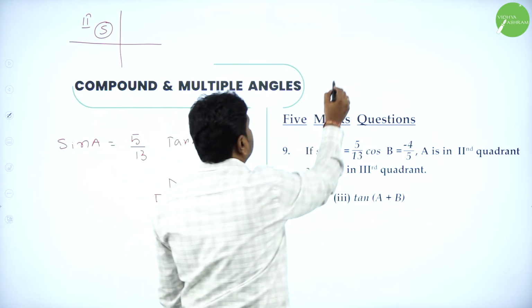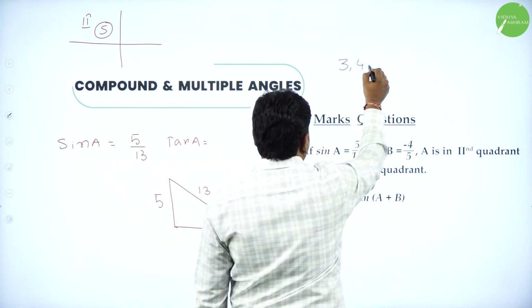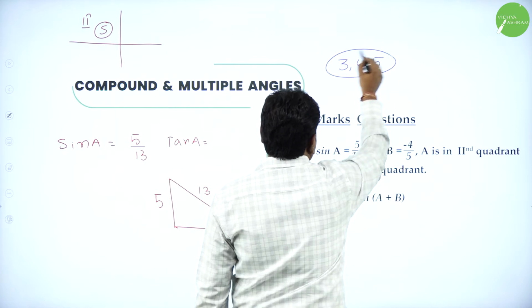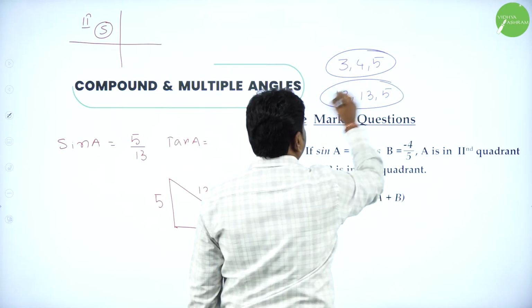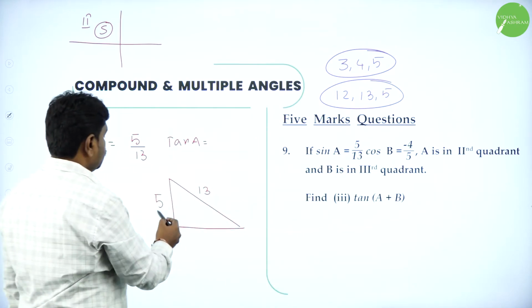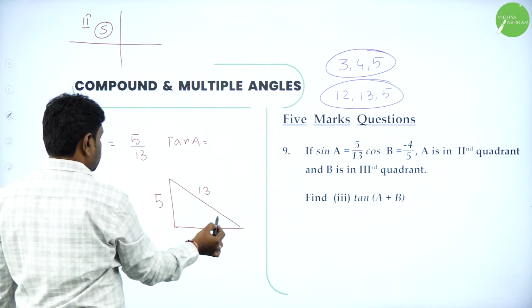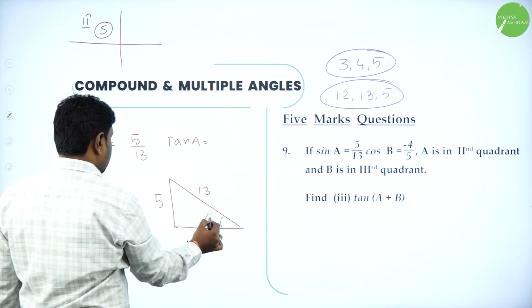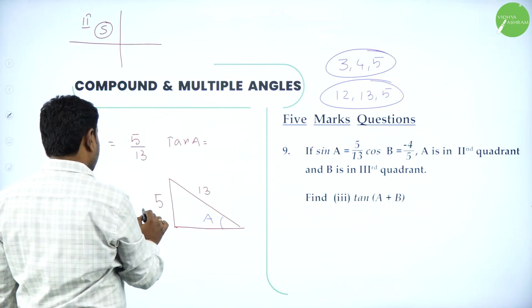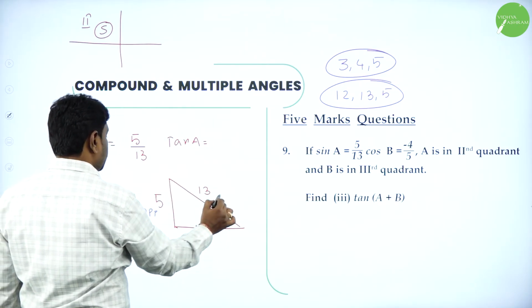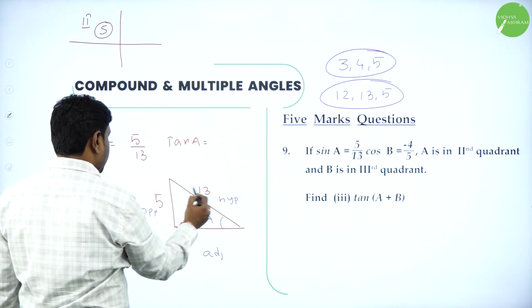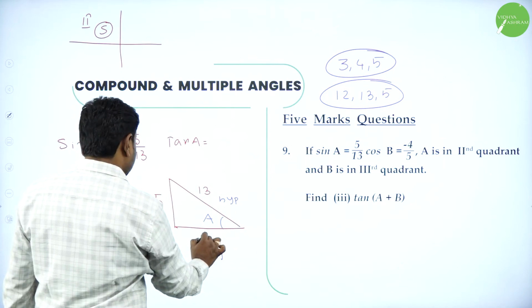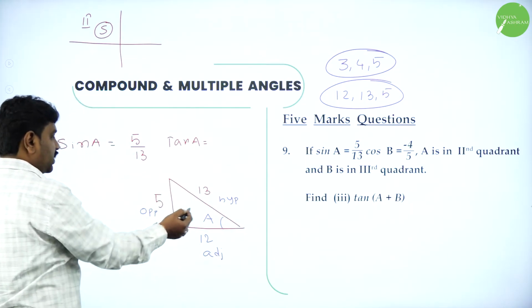Two sets, 3, 4, 5 are Pythagorean triplets, and 12, 13 and 5 are again Pythagorean triplets, so that you can avoid the Pythagoras theorem. This is angle A, this is the opposite side, and this is the hypotenuse. The missing number is the adjacent side; 5 and 13 are there, so the missing one is 12.